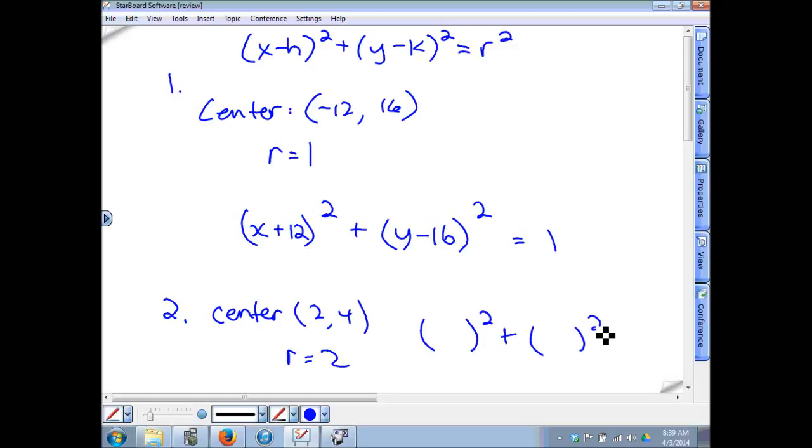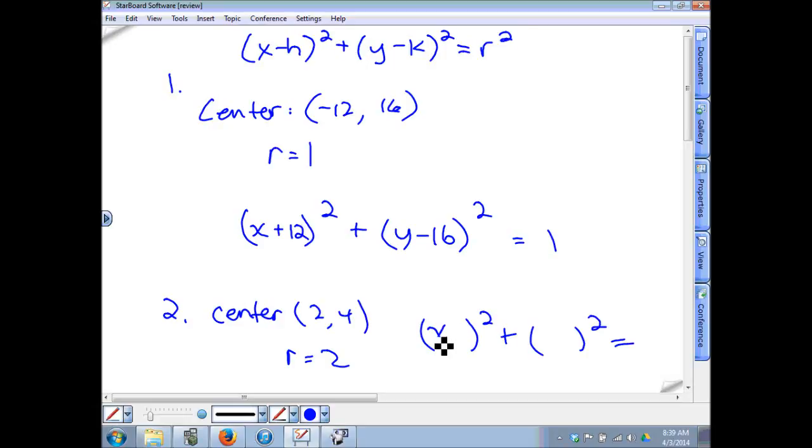Something squared plus something squared equals the radius squared. It's going to be x minus 2, y minus 4 equals 2 squared, which is 4. This is what your assignment was on last time.